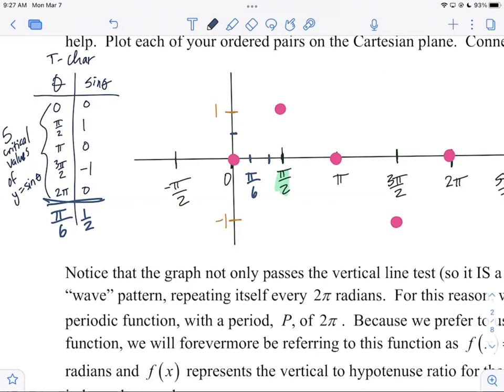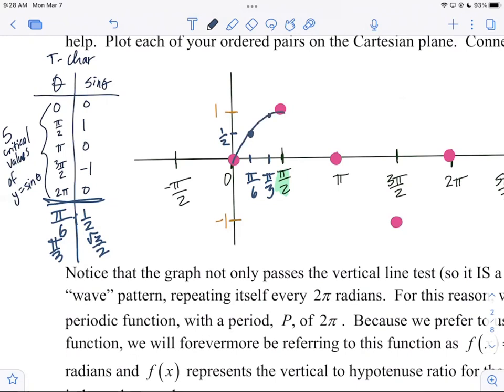But already at pi 6, when I'm just like a third of the way off, I'm already halfway to the top. See that? I've made up half the vertical distance and only a third of the horizontal. And then at pi thirds, what's sine of pi thirds? Square root of 3 over 2, which is about 0.8. So now I'm about right here. So it is increasing at a decreasing rate.